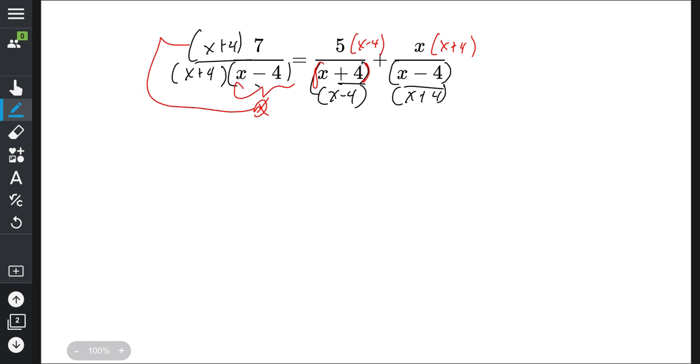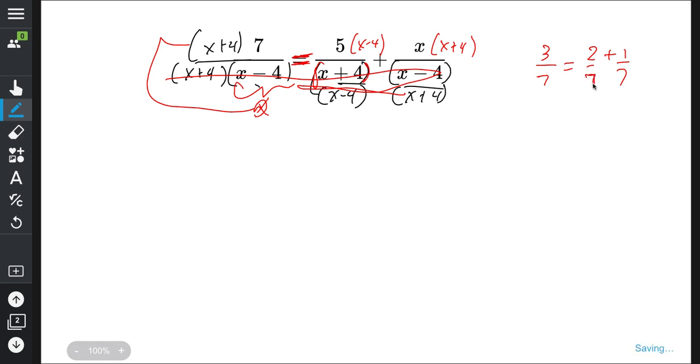But the key thing to know when you're solving an equation is that once all the denominators are the same, they can be eliminated. Because you can solve any equation as long as all the denominators are the same, right?